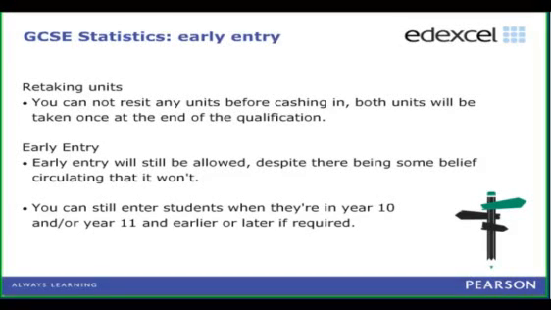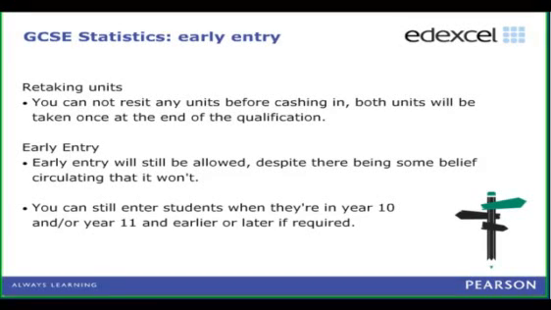Early entry will still be allowed, so you will be able to put students in year 10 for statistics. That's quite a popular entry at the moment. There seem to be some rumours circulating that only examinations taken in year 11 will be recognised in the performance tables, but we certainly haven't been told anything like that thus far.